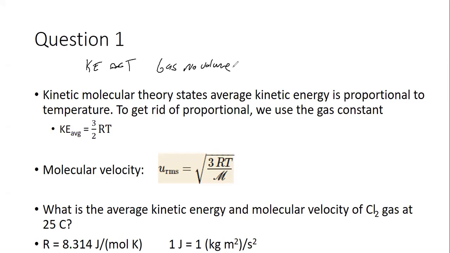Again, that's an assumption that's relatively true. Gases take up very little space, so we can say they basically take up no space, and the collisions are elastic. That is, gas molecules bounce off each other like billiard balls. And like I said, on Friday, we were talking about kinetic energy and molecular velocity.